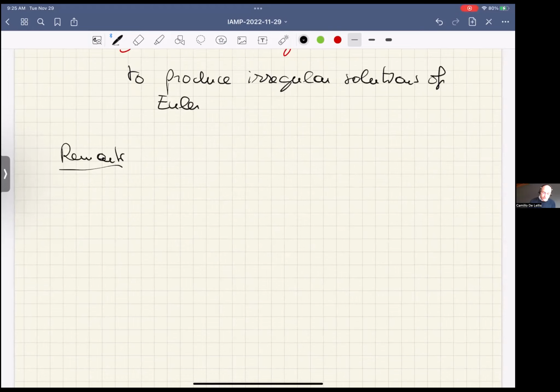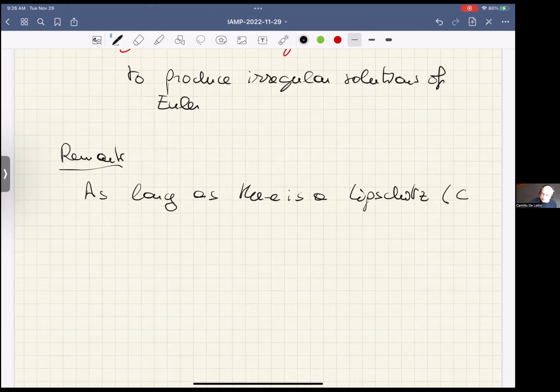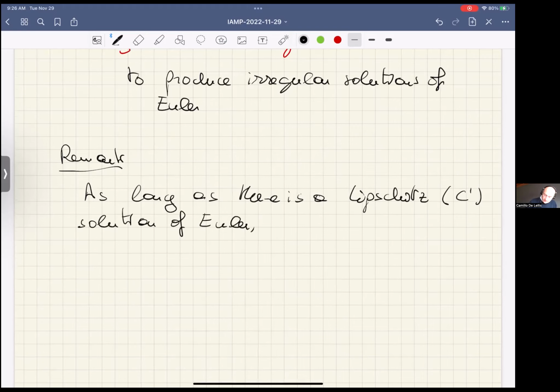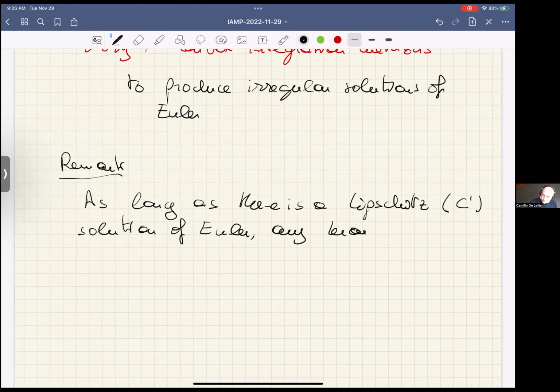This is something that you can make rigorous with theorems, but the remark says that as long as there is a Lipschitz solution, if you're not accustomed to jargon in the PDE literature, let's say just a C1 solution of Euler, any Lipschitz solutions, and these are less regular than smooth solutions, so certainly it works for smooth solutions as well, any Lipschitz solutions of Navier-Stokes with vanishing viscosity has to converge to it.